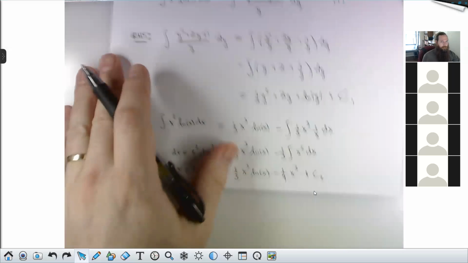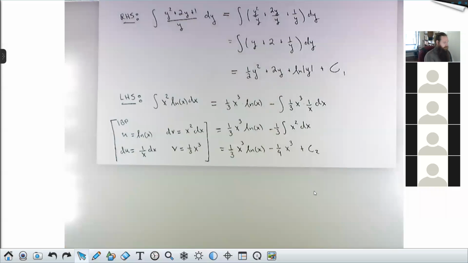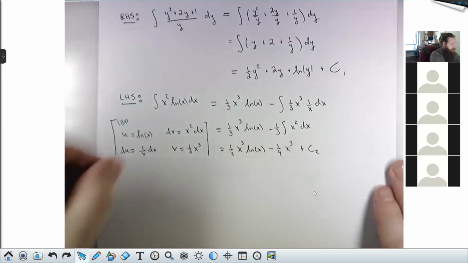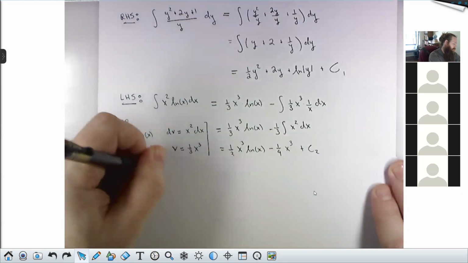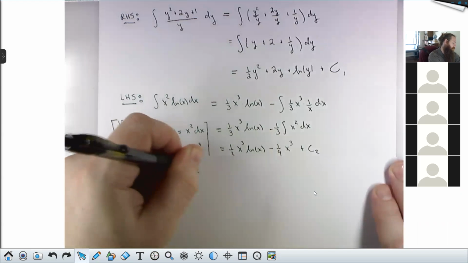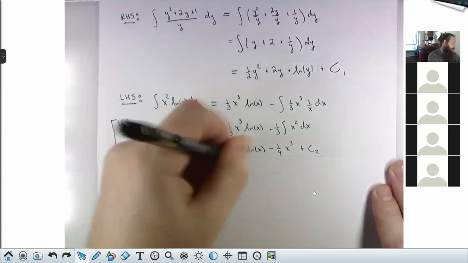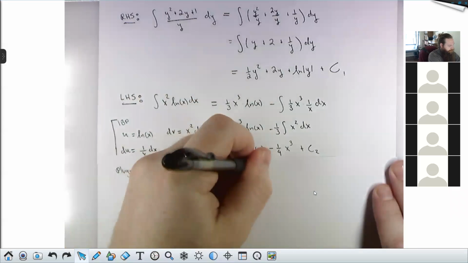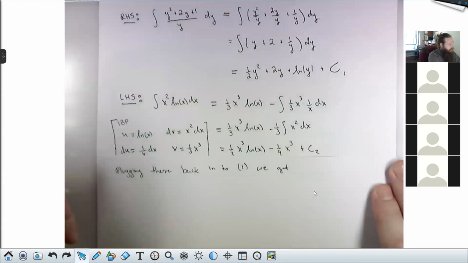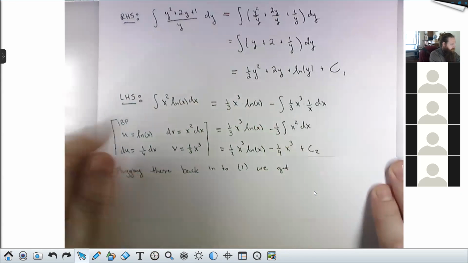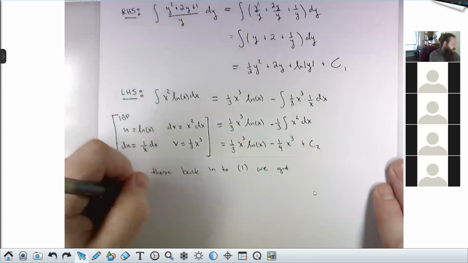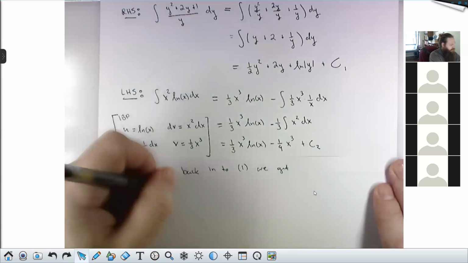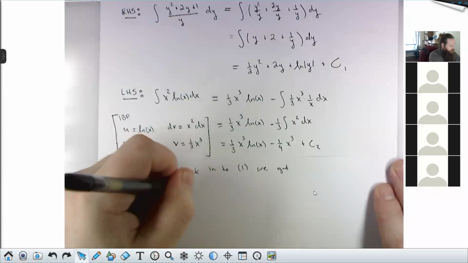But now plugging both of these back into equation 1, we get my left-hand side, which is 1/3 x cubed ln x minus 1/9 x cubed.